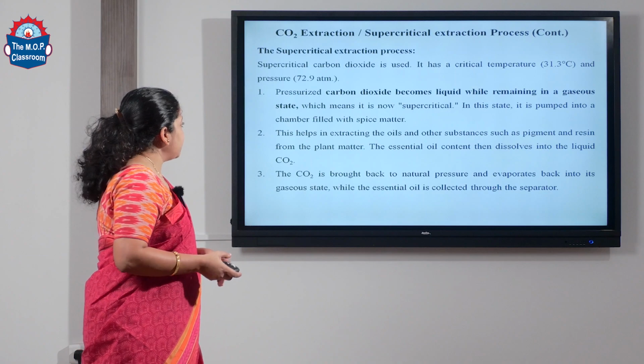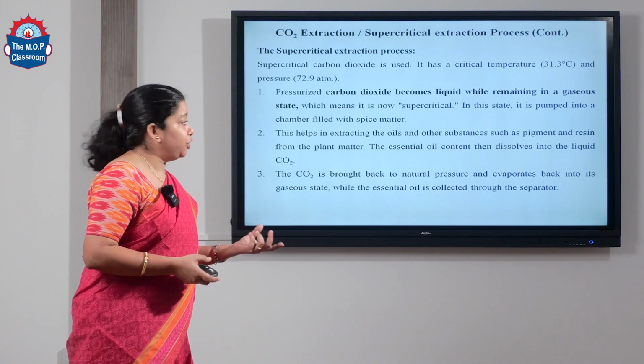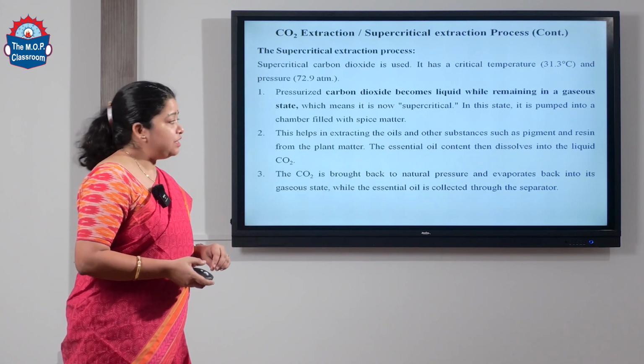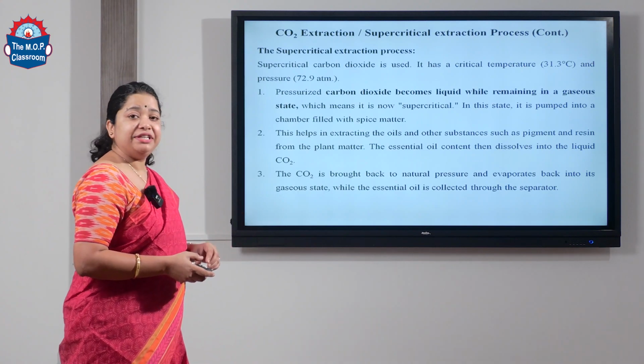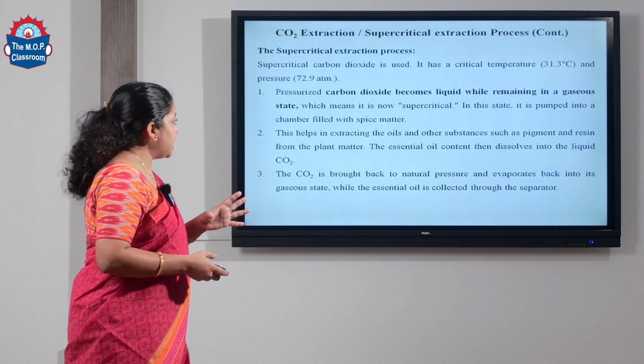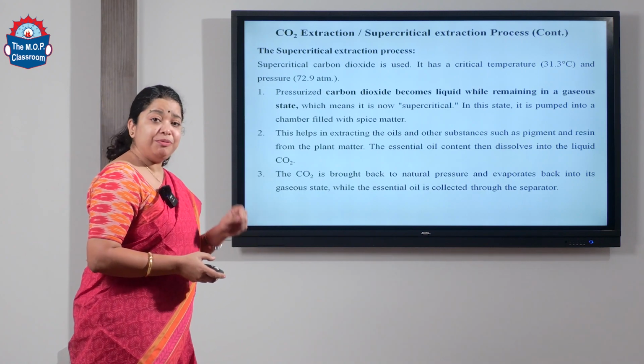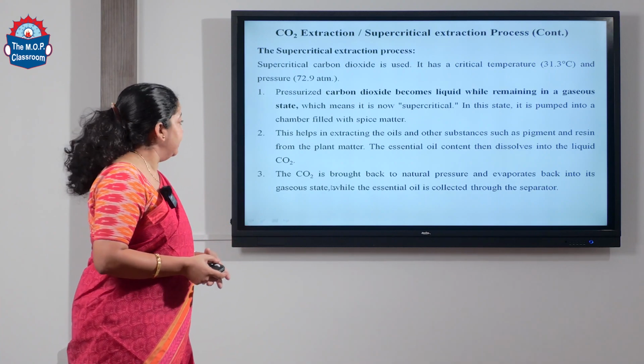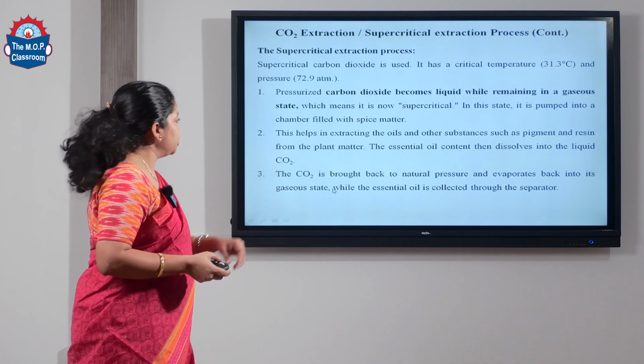The critical temperature is 31.3 degrees Celsius and the pressure is about 72.9. Here the pressurized carbon dioxide becomes liquid while remaining in a gaseous state, which is why it is called supercritical. The diagrammatic representation will be much clearer.